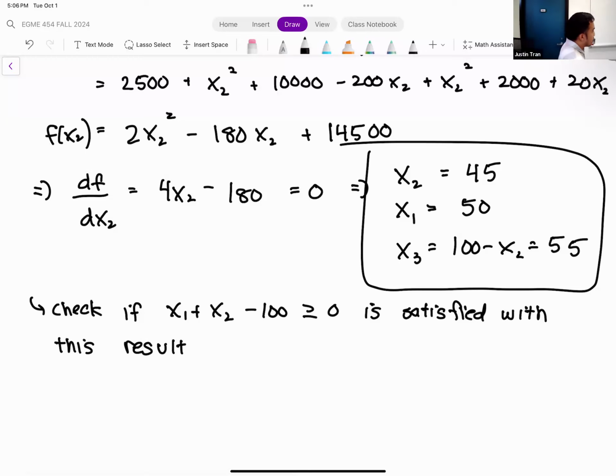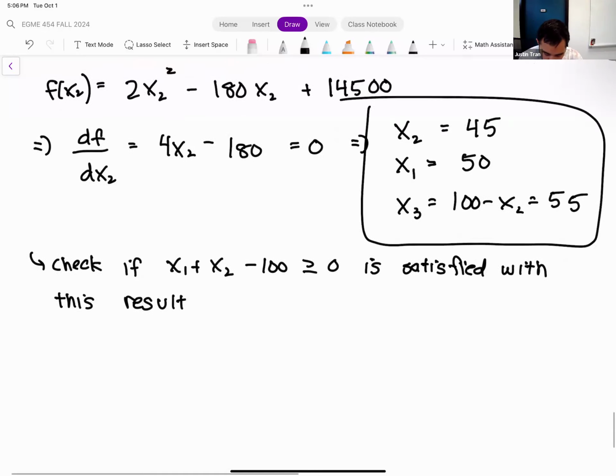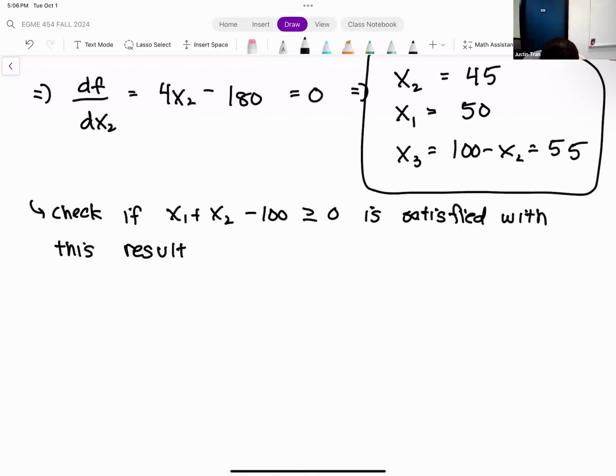Okay, so our constraint that we assumed was non-binding in this case was x1 plus x2 minus 100. So let's plug in our results for this. So x1 we know is 50. x2 we know is 45. And we're going to subtract 100 from that. To do that kind of simple arithmetic, we end up with minus 5. So we're going to check and see if that's greater than or equal to 0. Of course, it's not.